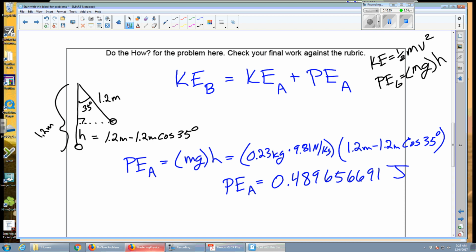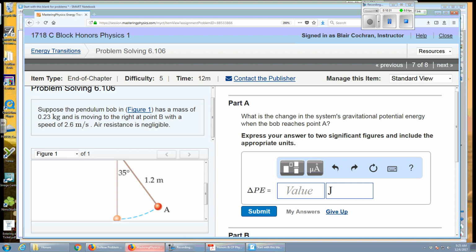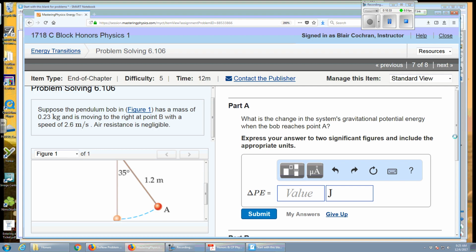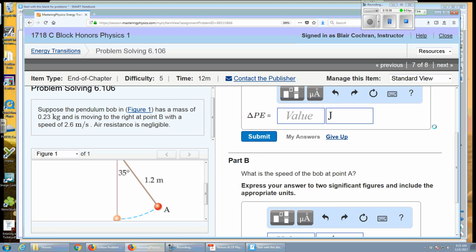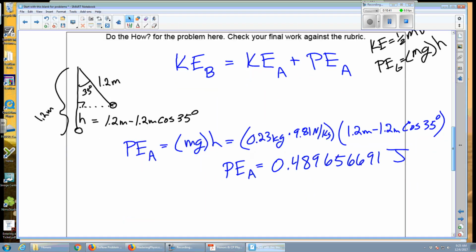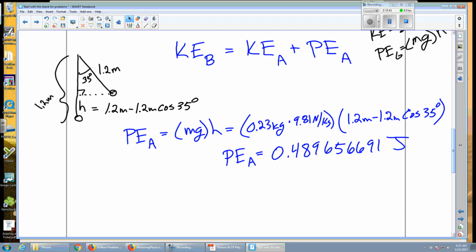And that's not all they wanted though, right? They also wanted the speed of the bob at A. So I need to use that information now.